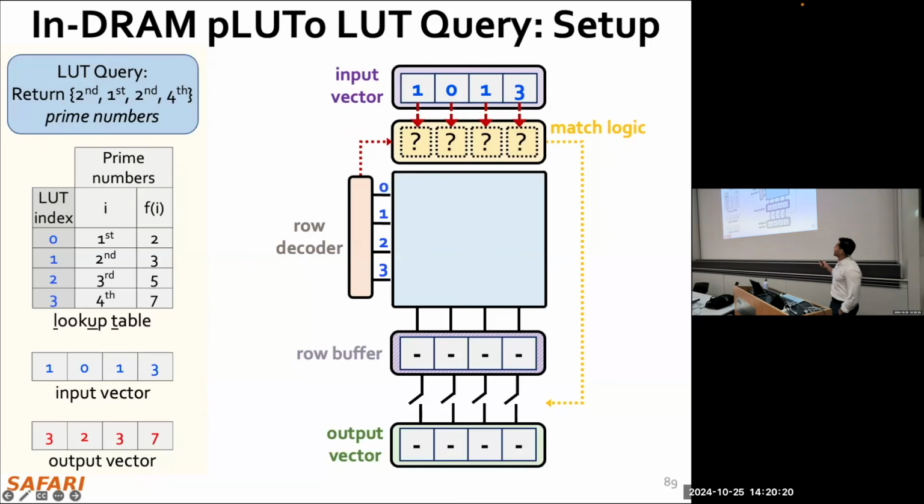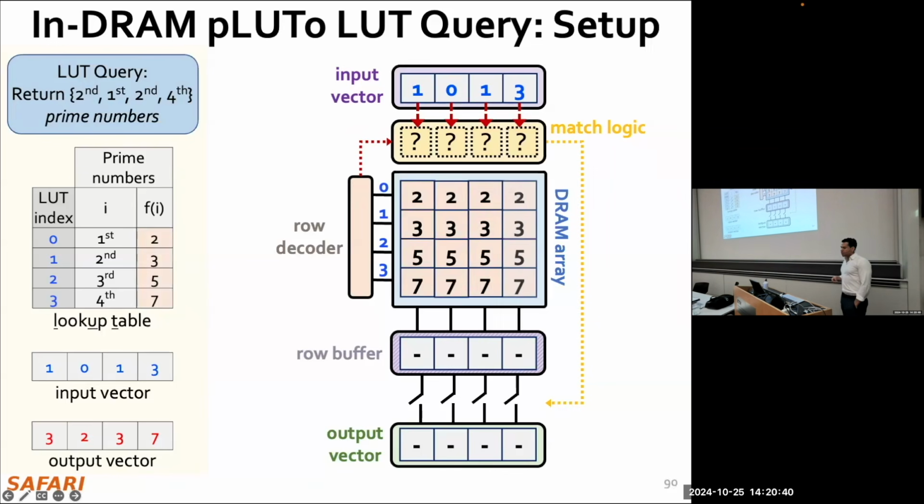And if I have a match between the row that I'm currently accessing and one of the elements of this input vector, I'm going to assert some match logic that connects the row buffer to the output vector, which is going to allow us to copy that data in that position to the output vector.